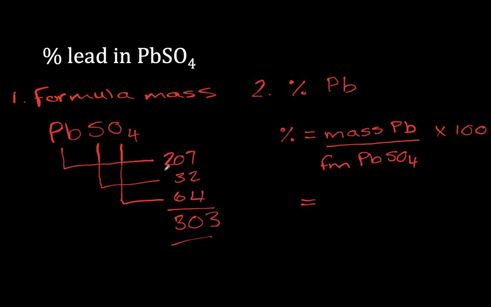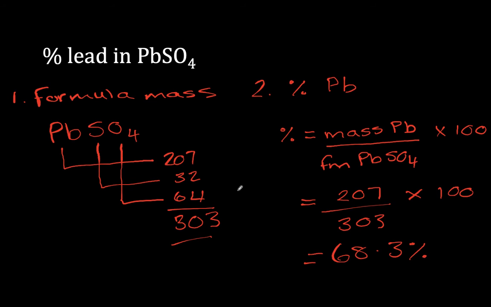So, the mass of lead, 207, divided by the mass of lead sulfate, 303, multiplied by 100 gives us 68.3%. So in 1 mole of lead sulfate, 68.3% of that mass is made of lead.